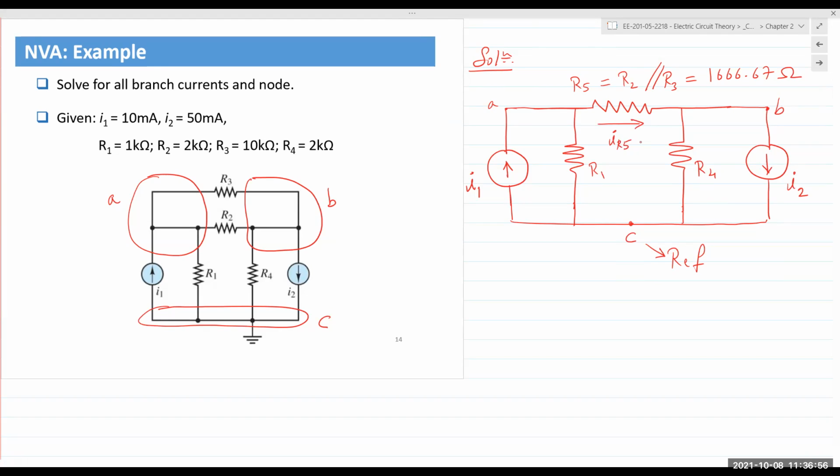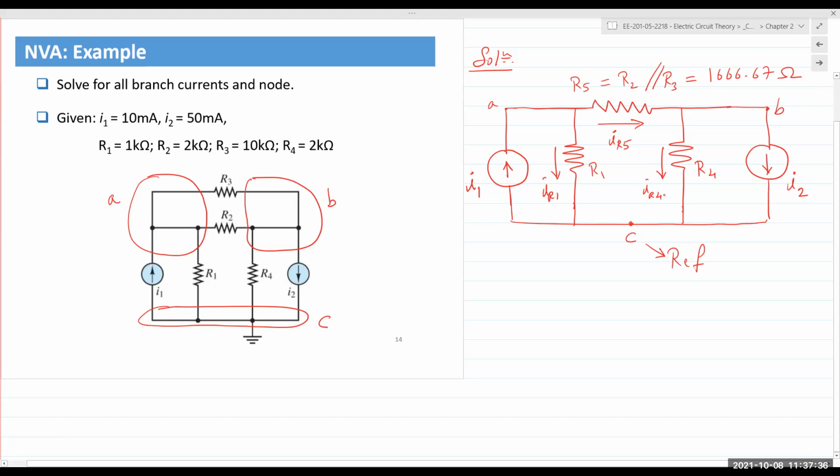For the previous two sections, I chose both R1 and R4 going down. So let's choose it that way. Because we have I2 going down, we could potentially state I2 is 50 milliamps. It's larger than 10 milliamps, which is I1. I2 is larger than I1, so we could choose it going up. That is also a logical assumption to make. But again, it does not really matter. So if we choose it going down, I'm going to say this is IR1, IR4.